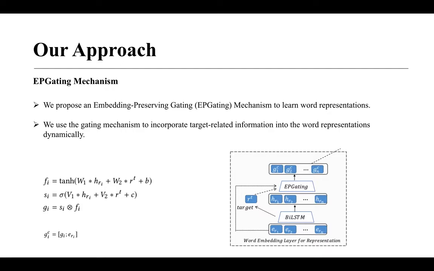We use the gating mechanism to incorporate target-related information into the word representations dynamically. Gated Tanh-ReLU units, namely GTRU, which is one of the effective gating units, is chosen in our model.